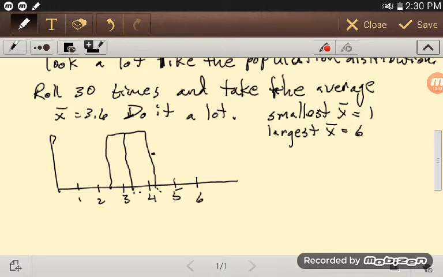But what we should see, these are pretty ugly histograms, but something kind of like this, peaked in the middle in this case.